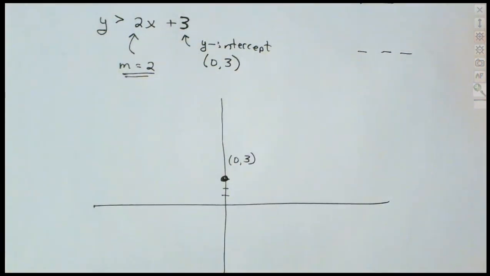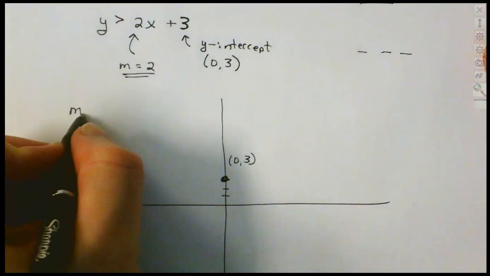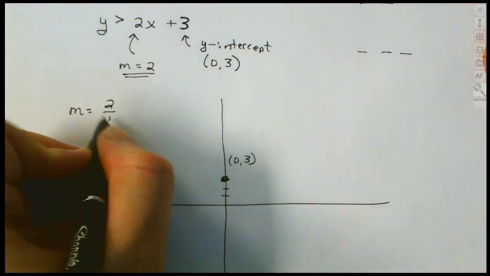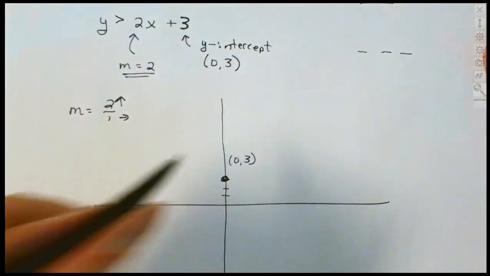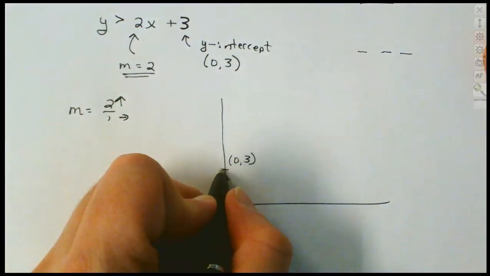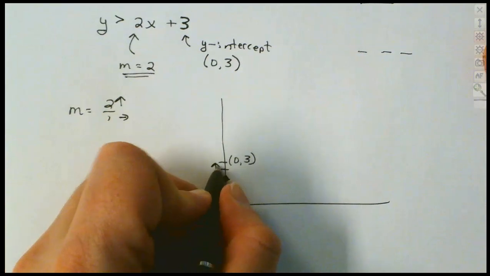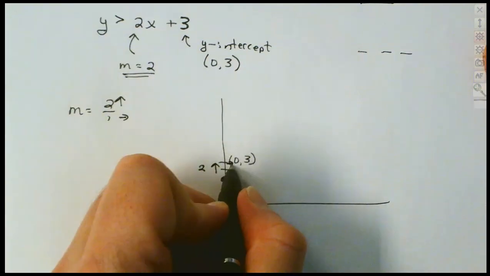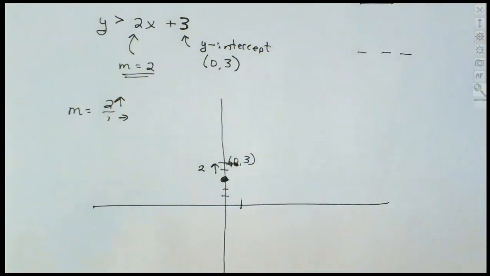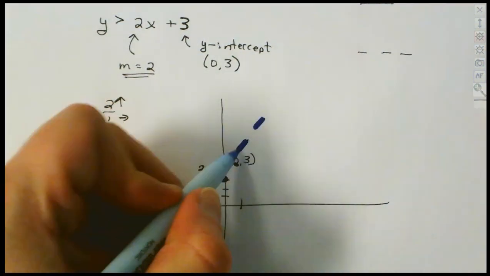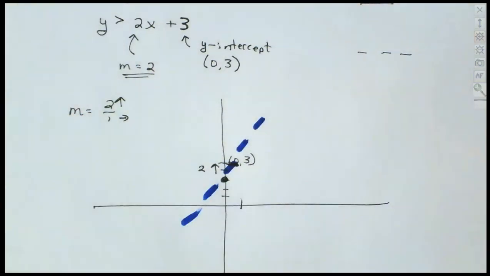And what about our slope? Slope is m. It's 2 over 1. So we go up 2 and we go over 1. So we start at 0, 3, we go up 2 units, and then we go over 1 unit. Make our new dot. And now we connect them together with a dotted line.